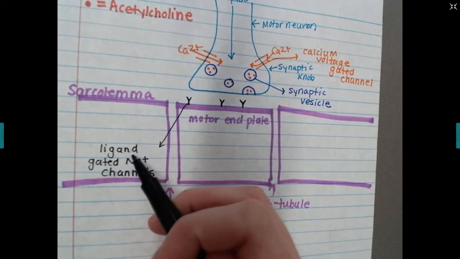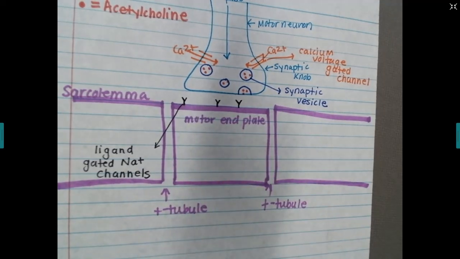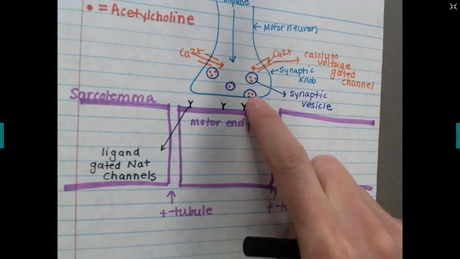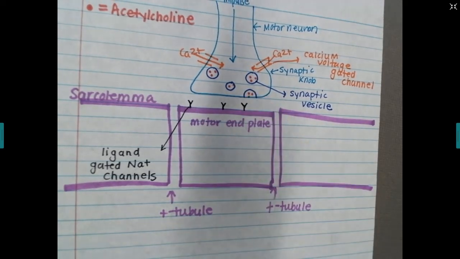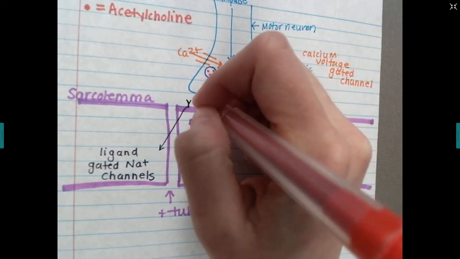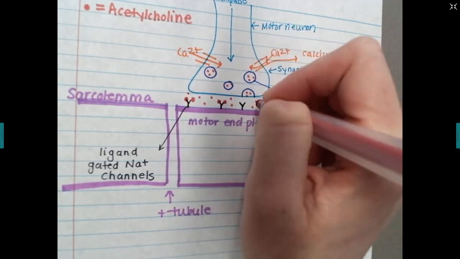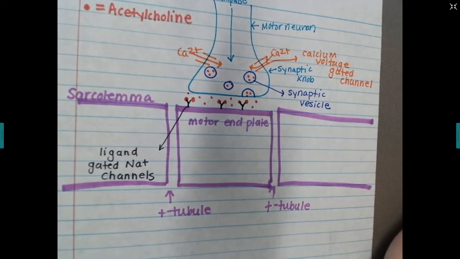Ligand-gated channels open when something binds to it. So acetylcholine, which is up here in my synaptic vesicle, is going to be released into this space, and it's going to bind to the ligand-gated sodium channels.